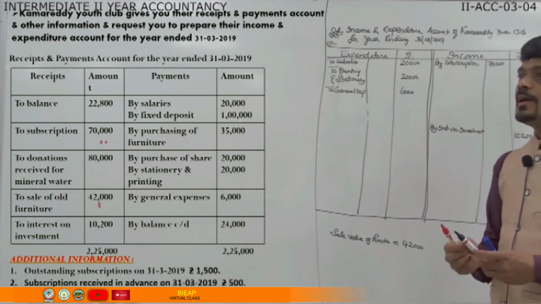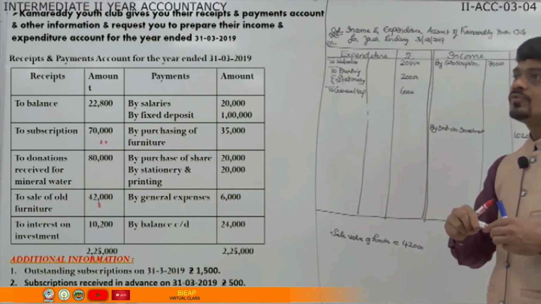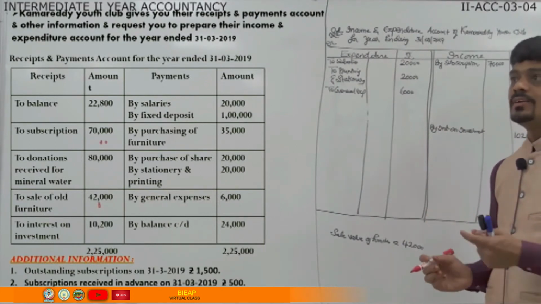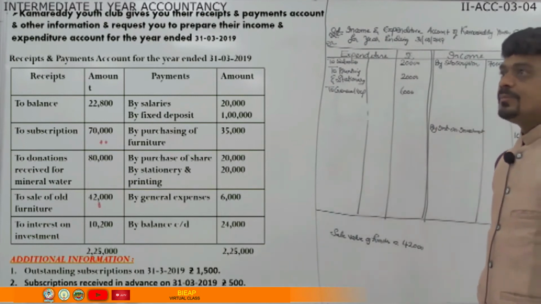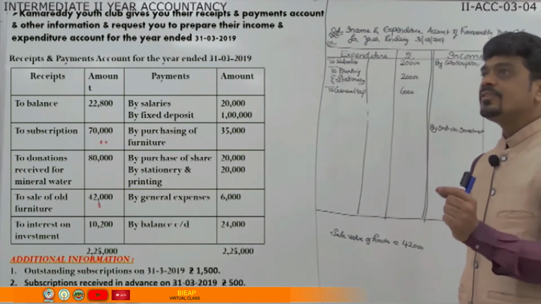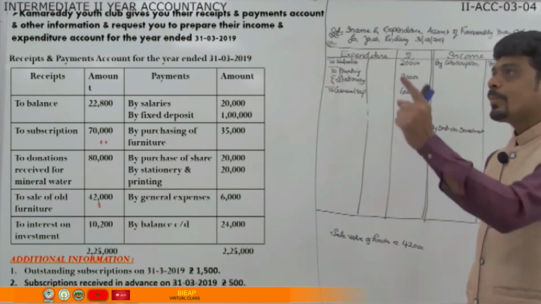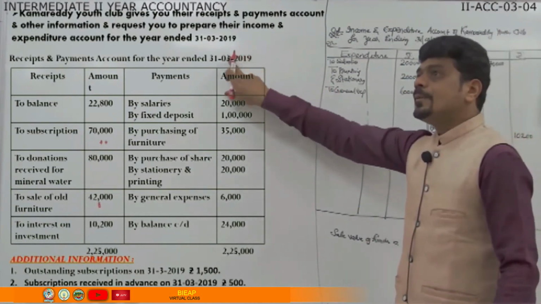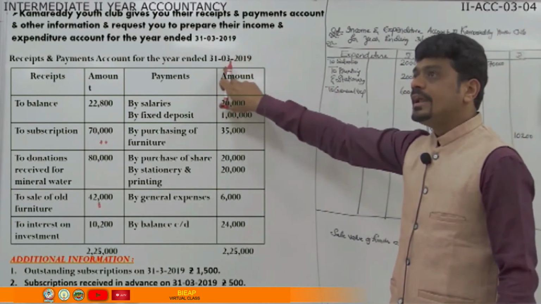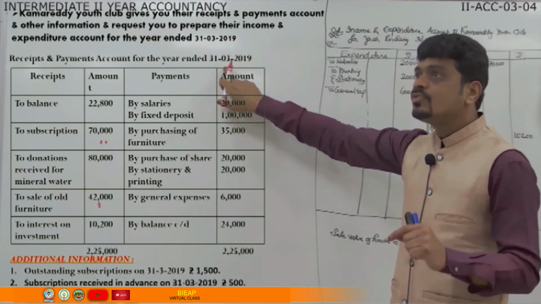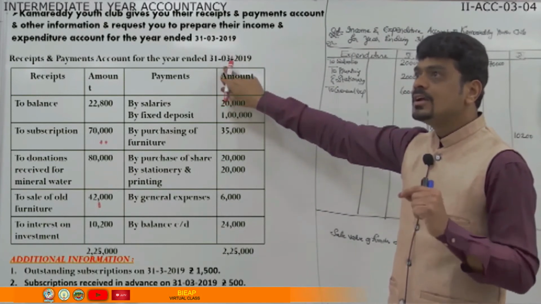Now adjustments. I am changing the pen color so that it will be easy for you to understand. Outstanding subscription, the date they give is 31st March 2019. We are preparing for 31st March 2019, meaning the current year. Outstanding subscription of which year? Current year.